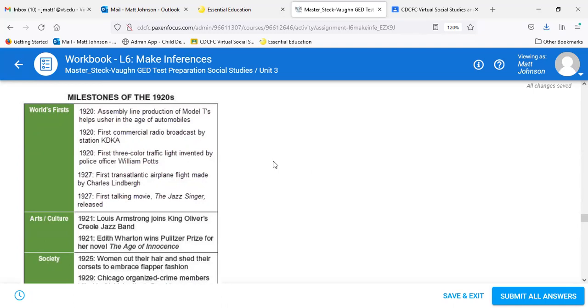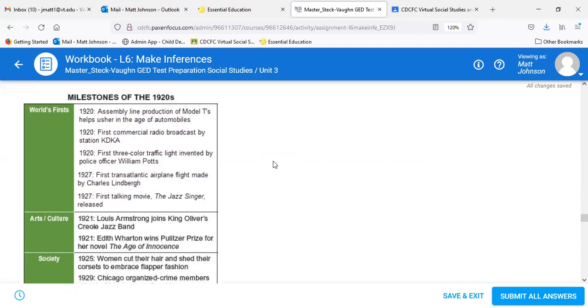So in 1920, assembly line production of Model Ts helps usher in the age of automobiles. So Henry Ford sort of perfected the assembly line to make production faster and cheaper for automobiles. It made the price of automobiles come down, made them more affordable. So you saw the auto industry take off in 1920.